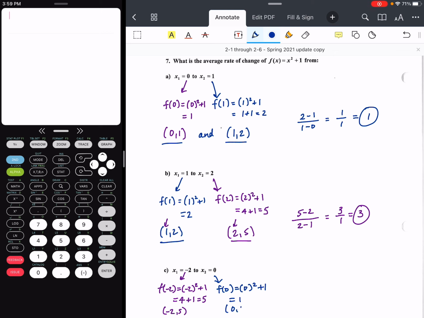So I have the ordered pair 0, 1. My average rate of change will be the slope between those 2 points. 1 minus 5 over 0 minus negative 2 gives me negative 4 over 0 plus 2, so negative 4 over positive 2. So average rate of change of negative 2.